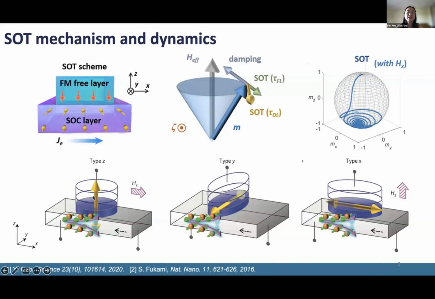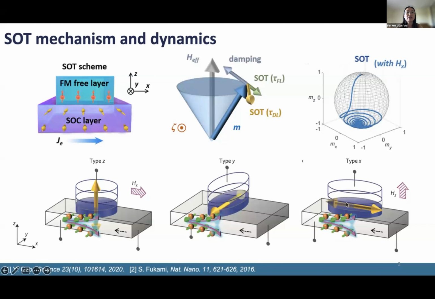In STT MRAM, I think people work on type Z because this is a smaller area, which definitely means smaller current. But for SOT MRAM, there's no such problem because current is injected in plane in the inner layer. So then we compare type X and Z: which is faster, and which needs a smaller current density.